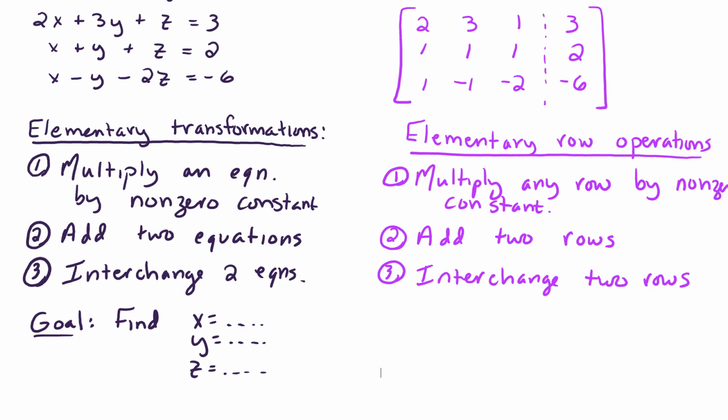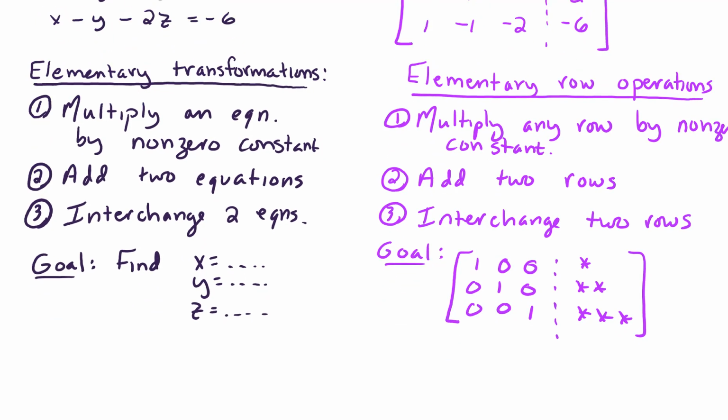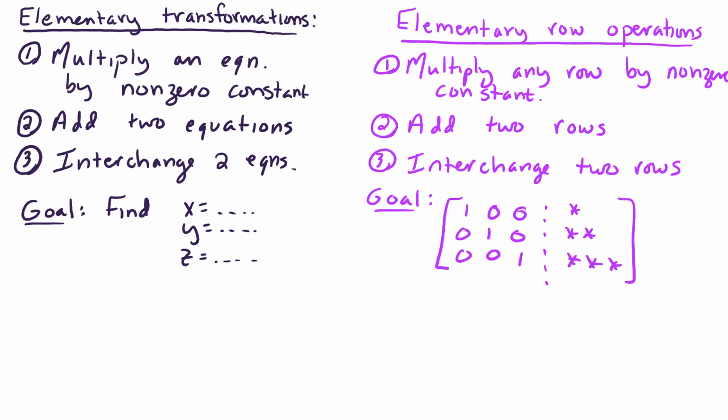Over here, in terms of elementary row operations, our goal would be to get the coefficient matrix to look like the following. We don't care what we get over here for these constant terms, but if we can get the coefficient part of our matrix to have 1s down the main diagonal and 0s everywhere else, this matrix would give us that x, y, and z.